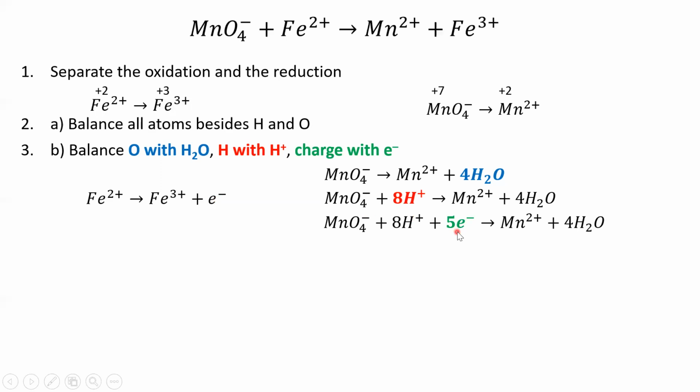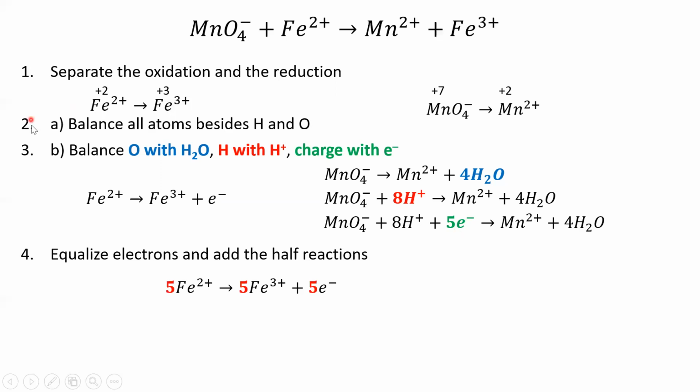They're not equal. So what we're going to need to do next is multiply the oxidation half reaction by 5. Okay, we can do that. And the reason we do that is so that the 5 electrons that are lost in the oxidation equal the 5 electrons that are gained in the reduction.